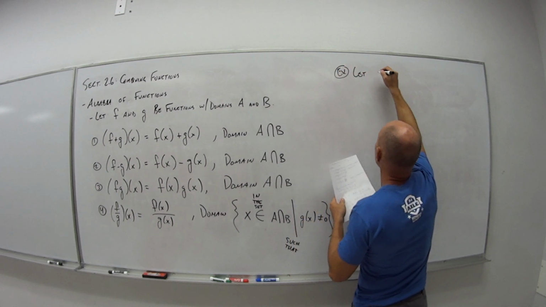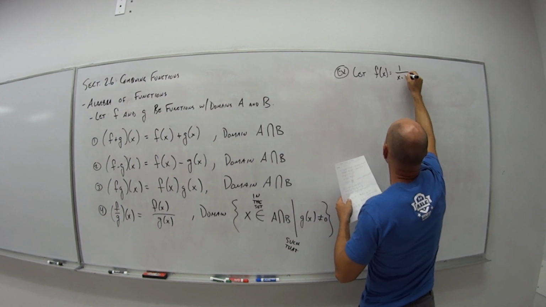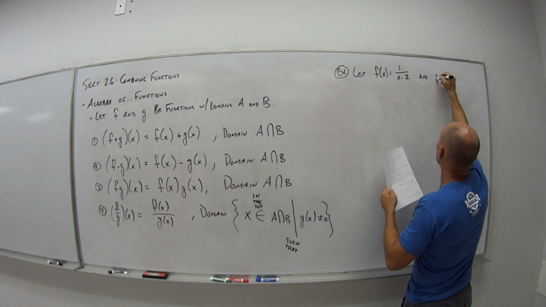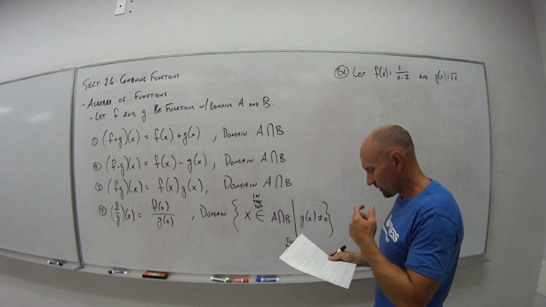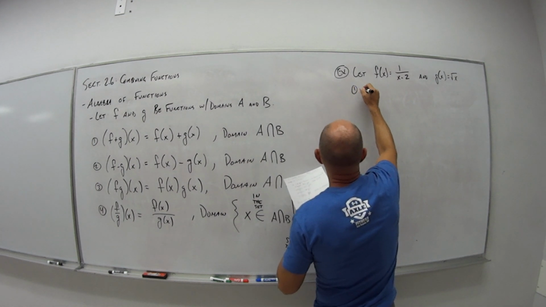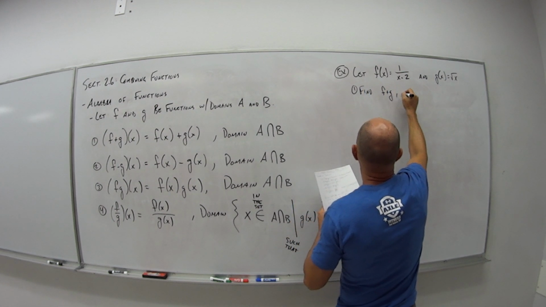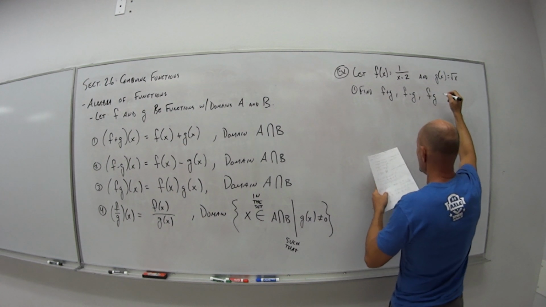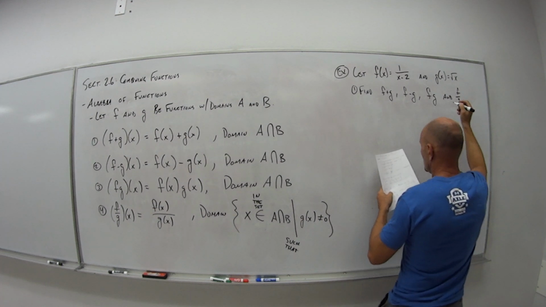So let f of x equal 1 over x minus 2, and g of x is equal to the square root of x. So we want to find f plus g, f minus g, f times g, and f divided by g.